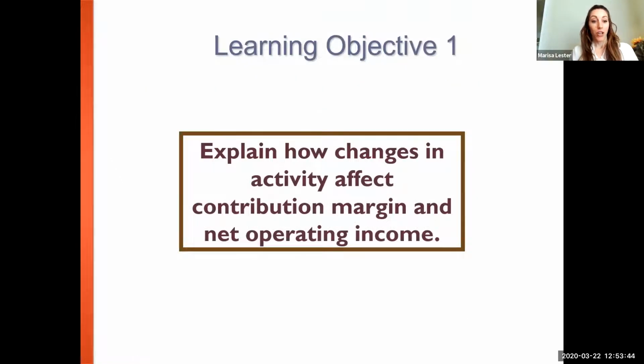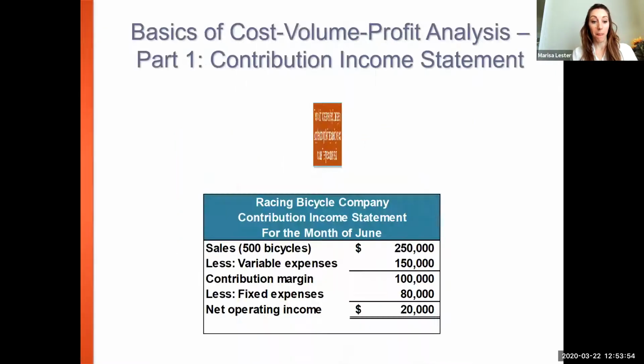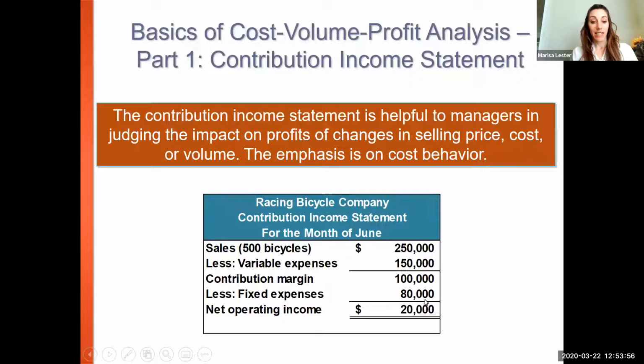Okay, so we can use CVP to look at and explain how changes in activity will affect our contribution margin and therefore our net operating income. Here you can see an example of our contribution margin income statement. We start with sales minus variable expenses, which we know have a direct relationship with activity levels, in this case sales, equals our contribution margin.